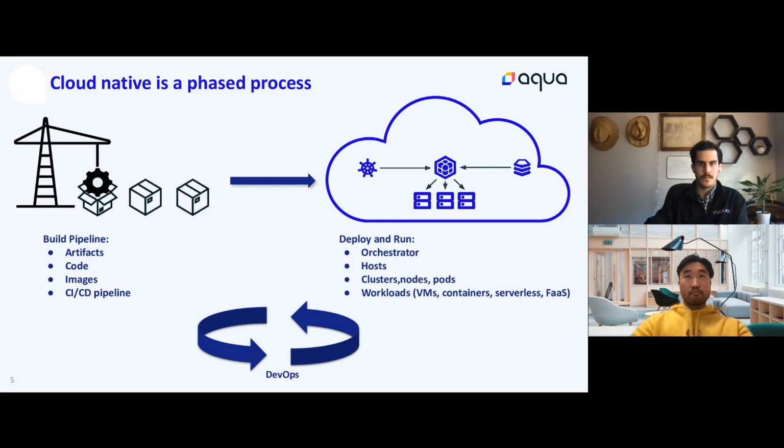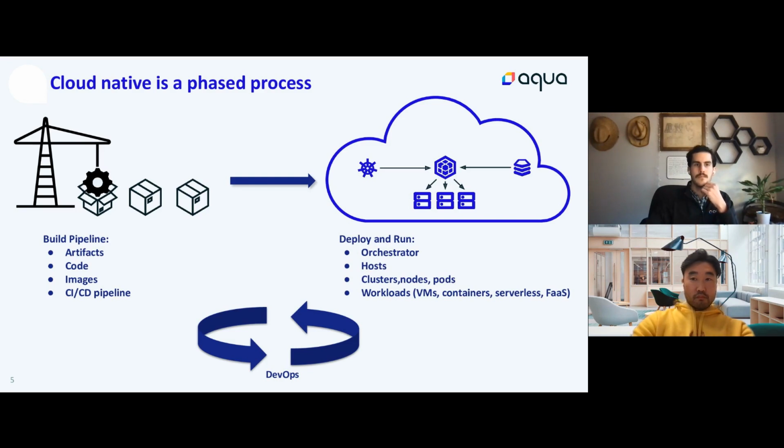So what is cloud native? Cloud native essentially is a phase process with two major phases: the build phase and the run phase, with deployment acting as the hinge between the two. Essentially, there are plenty of benefits, and this is why there's been such widespread adoption and ongoing maturity in the adoption of cloud native.